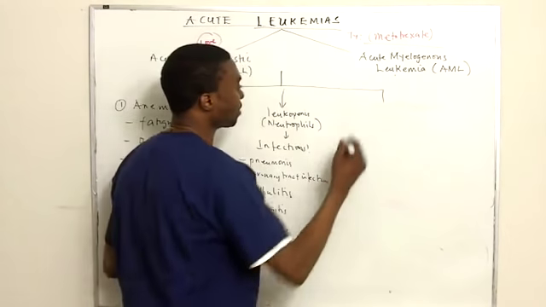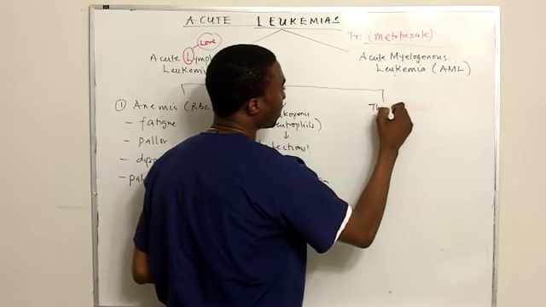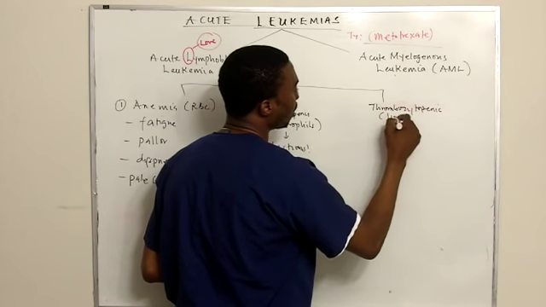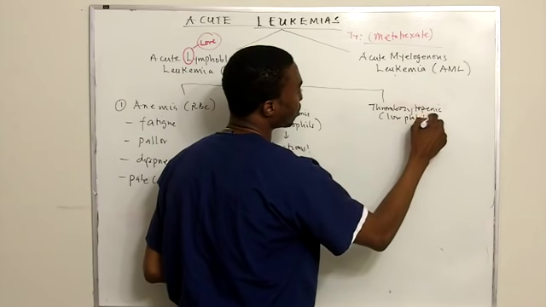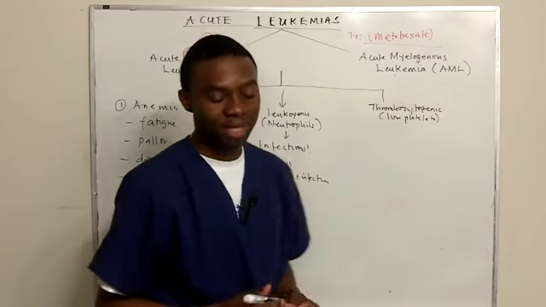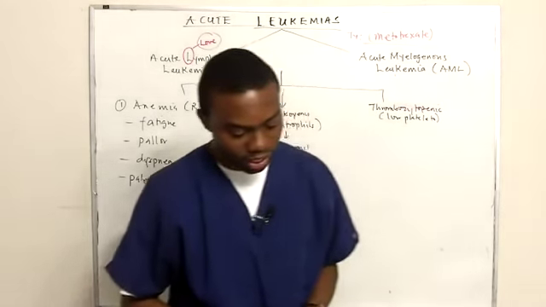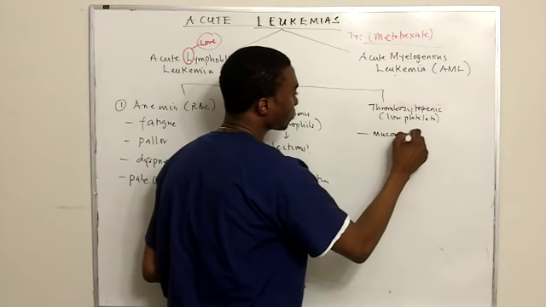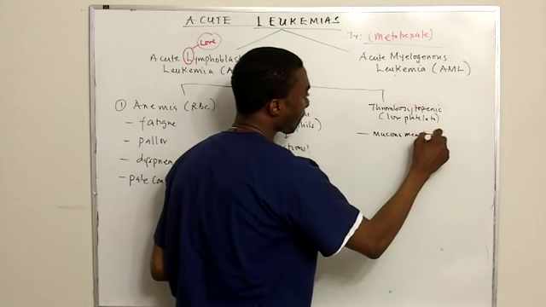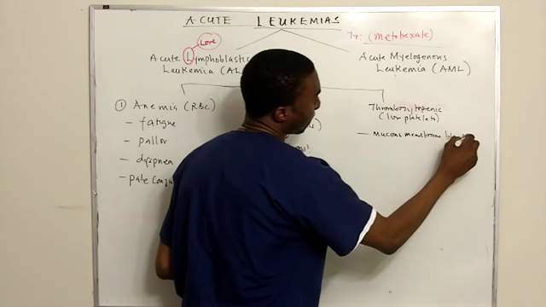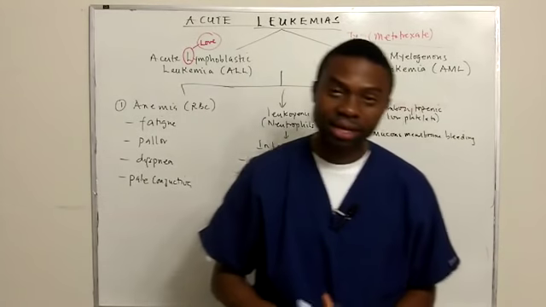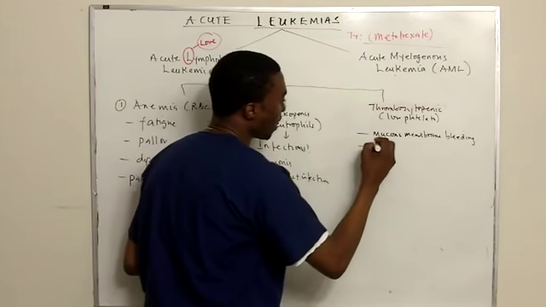Because the platelet count is going to be affected, they're going to be thrombocytopenic, right? Low platelets, so they cannot clot anytime they have any kind of bleeding. So they're going to have abnormal mucous membrane bleeding, also petechiae and nosebleeds, right?